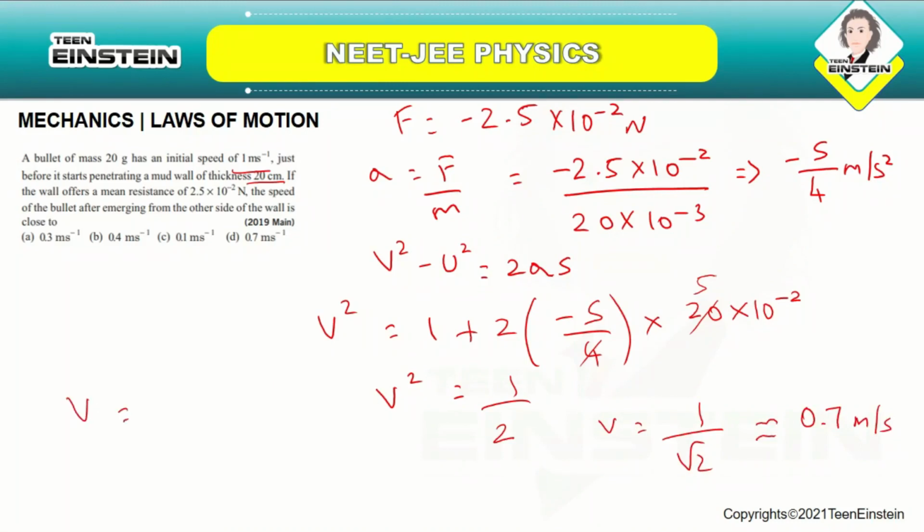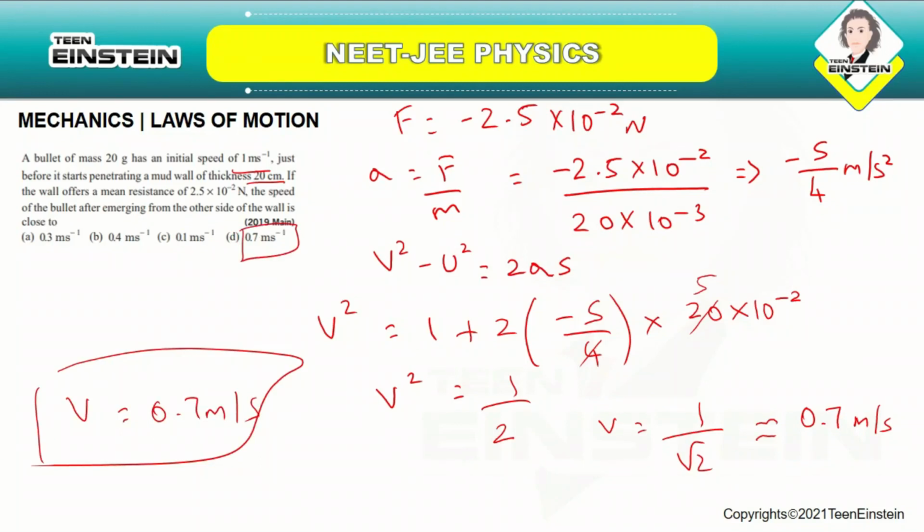So the speed of the bullet emerging from the other side of the wall is 0.7 meter per second. So the correct answer is option number D.